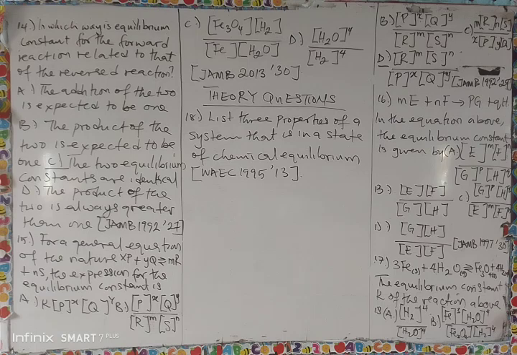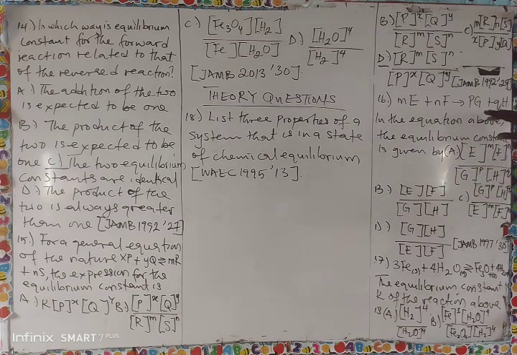Then number 16, which is JAMB 1997 question 30. mE plus nF equals pG plus qH. In the equation above, the equilibrium constant is given by what?